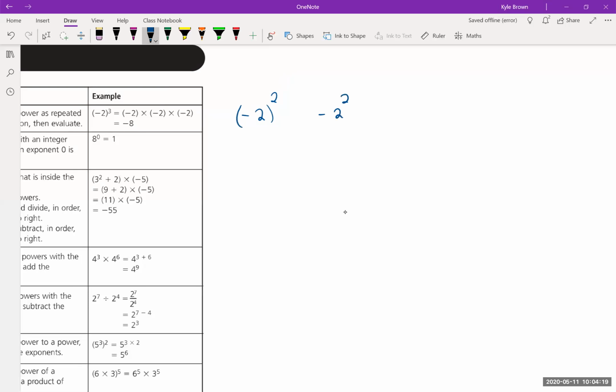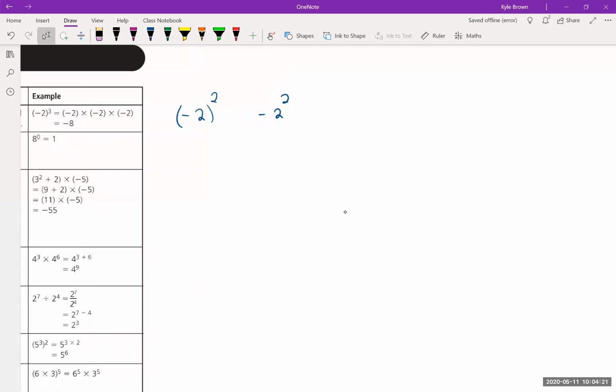If I look at those two, they give me two entirely different answers, because they mean different things. The first one, (-2) squared, means -2 times -2. Negative times a negative gives you a positive, so that would be +4.